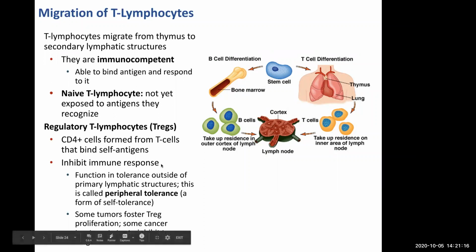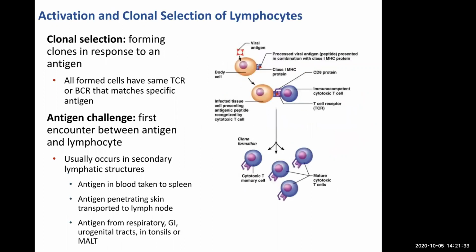But like I said, I just want you to know that regulatory T cells are involved in tolerance. When homeostasis is maintained and they are functioning correctly, these cells help to ensure that autoimmune reactions aren't likely. Okay.